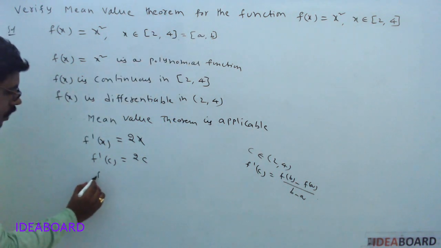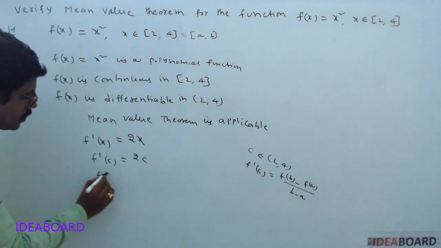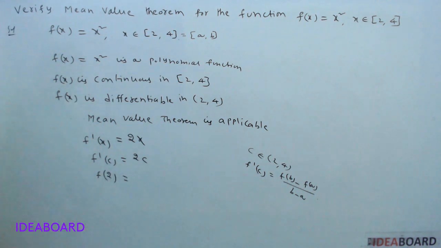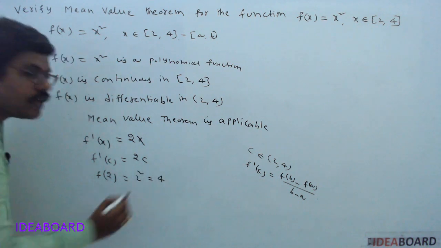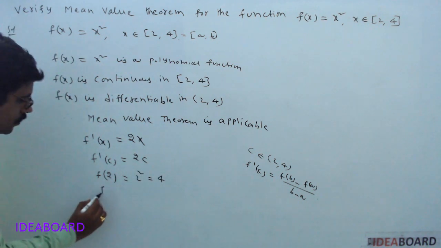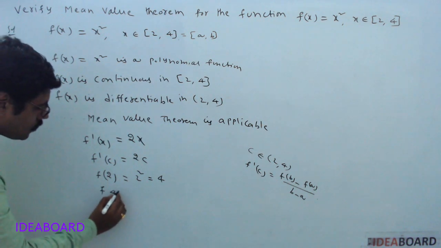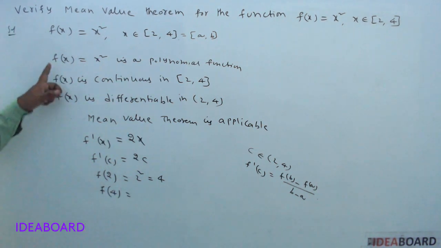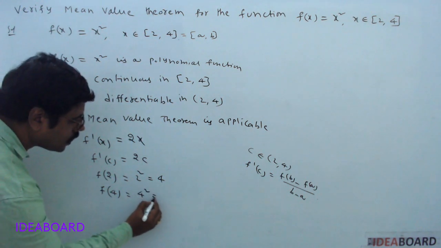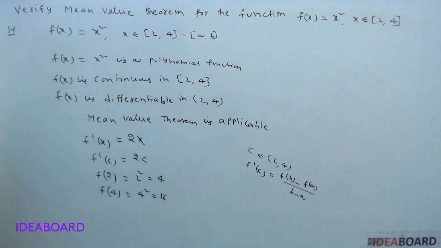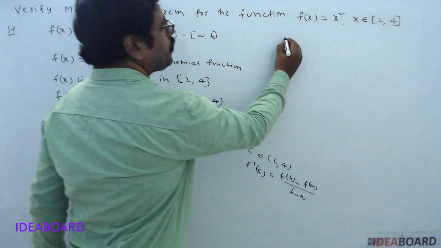Now calculate f of a, that is f of 2. So what is f of 2 value? f of 2 is 2 square, that is 4. Next f of b, that is f of 4. What is f of 4 value? 4 square, that is 16. Now what is our formula?